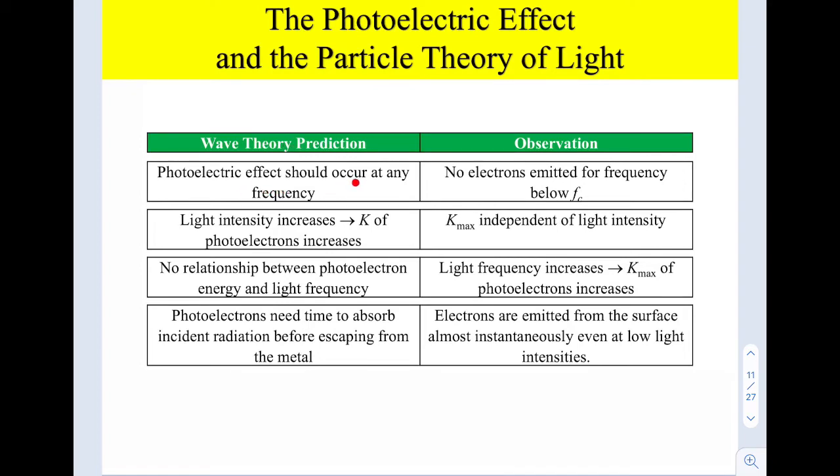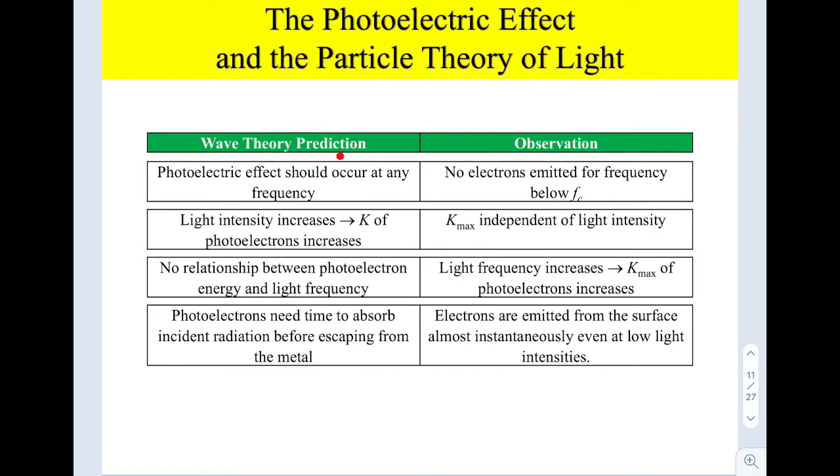The wave theory predicts that the photoelectric effect should occur at any frequency. But from the observation, no electron is emitted for frequency below the cut-off frequency, or we also call it the critical frequency. Also, if light intensity increases, the K of the photoelectron is predicted to increase.